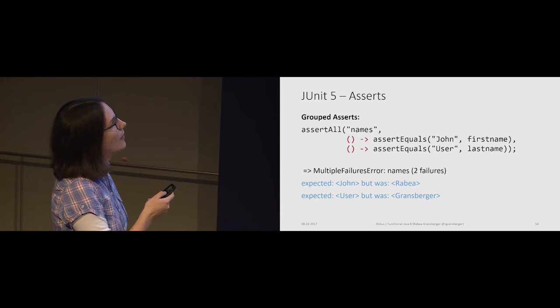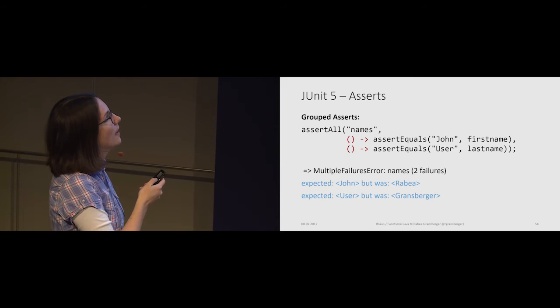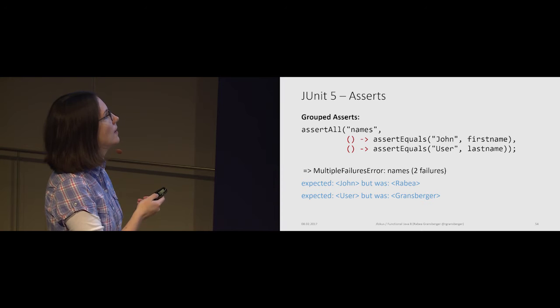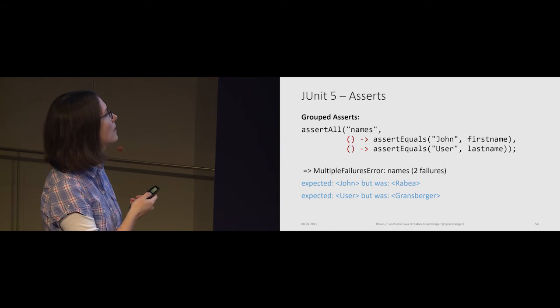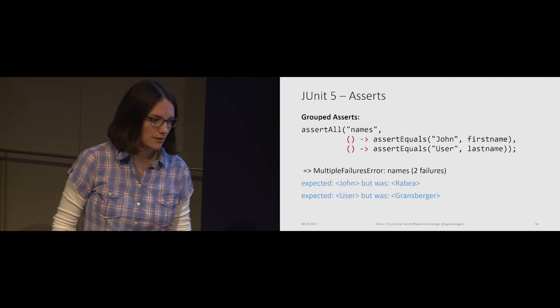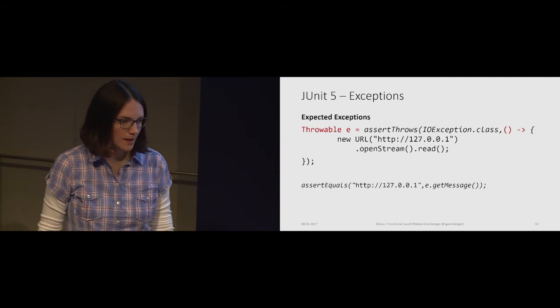So you just have the assert and the lambda expression, and they will both get executed, and they will both show up, right? So this is the same expression here, and it shows up: expected John, but should have been Rabea, and expected user, but actually was Gransberger, like that. So you can have multiple failures in one.